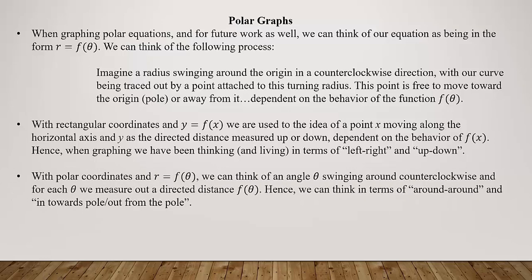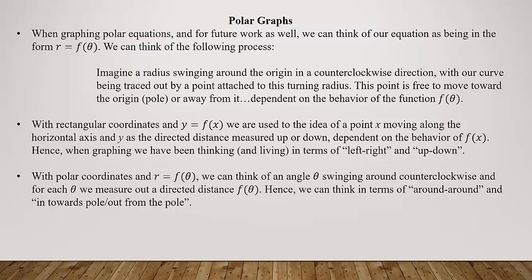With polar coordinates and r equals f of theta, remember, r is directed distance, theta is a directed angle. You can think of an angle theta swinging around counterclockwise, and for each theta, we measure out the directed distance, f of theta. R is f of theta.